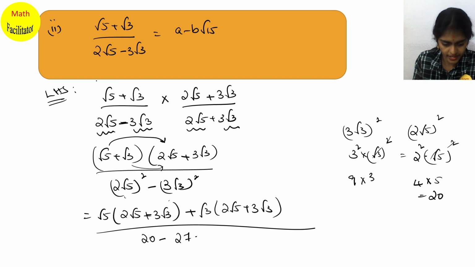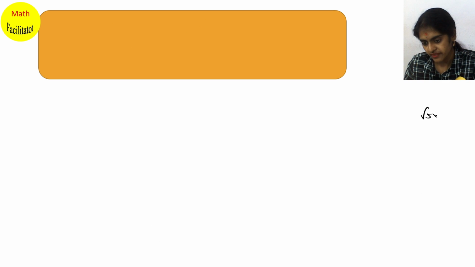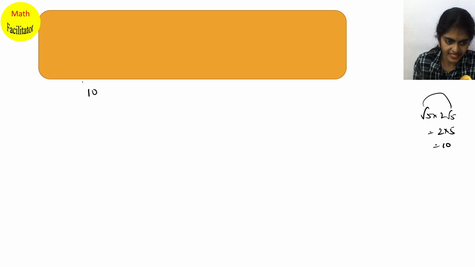So finally you got root 5 into 2 root 5. See here, root 5 into 2 root 5 is nothing but root 5 into root 5 is 5 and I have a 2 here. So it is 10. Got it? So I'll have 10 here.